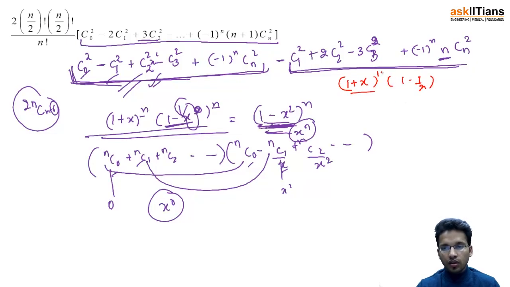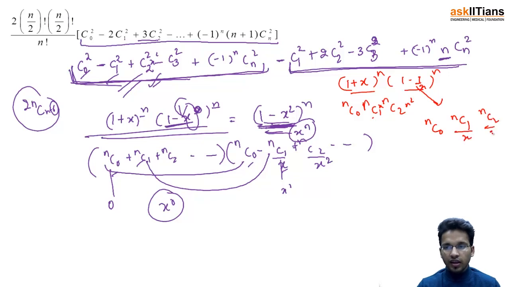In this one, instead of getting NC0, NC1, NC2 here, now here I will be getting x square. From this I will be getting NC0, NC1 by x, NC2 by x square, like this, and with alternating signs. So that was my question basically.